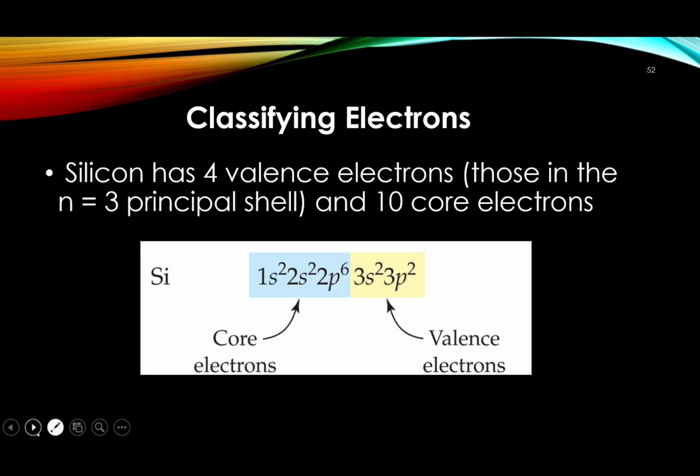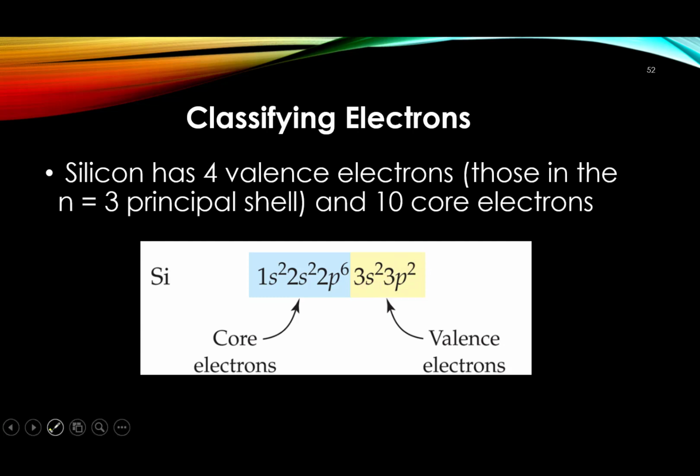Now let's look at silicon. This is the electronic configuration for silicon. Now, where is silicon's valence shell? Remember, valence shell are those at the highest principal energy level. Between 1, 2, and 3, 3 is the highest. And how many electrons are there? It's 2 coming from s and 2 coming from p.